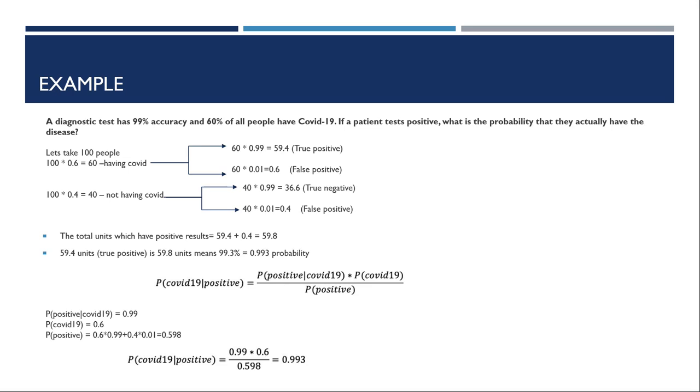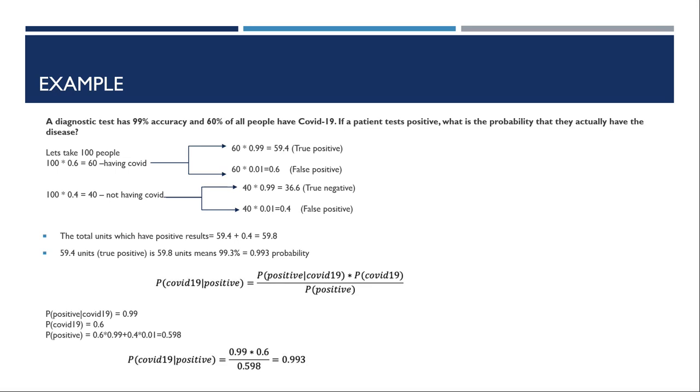So let's take 100 people for our experiment. 60% of all people have COVID-19, which means out of 100, 60 have COVID and 40 do not have COVID. And the diagnostic test has 99% accuracy. So we can calculate for the people who have COVID and who do not have COVID the true positives, false positives, true negatives and false negatives.